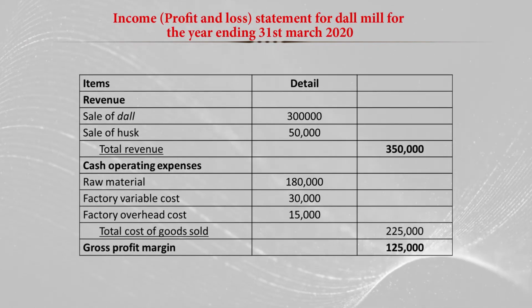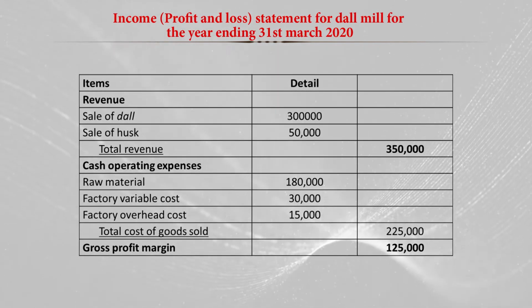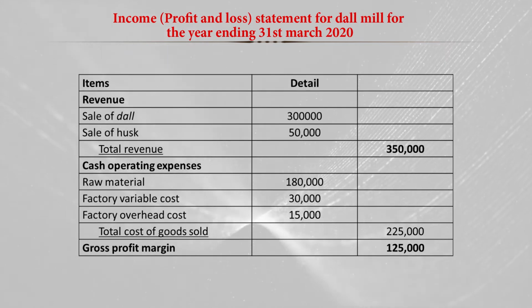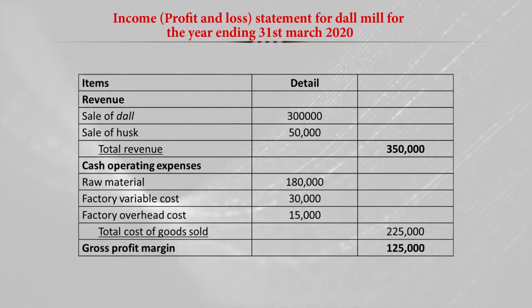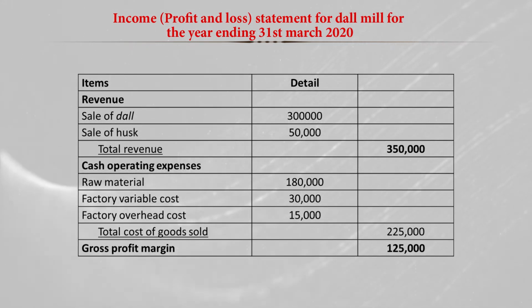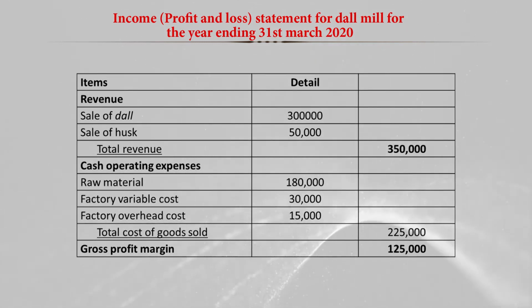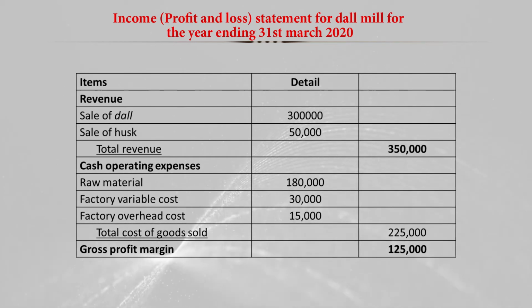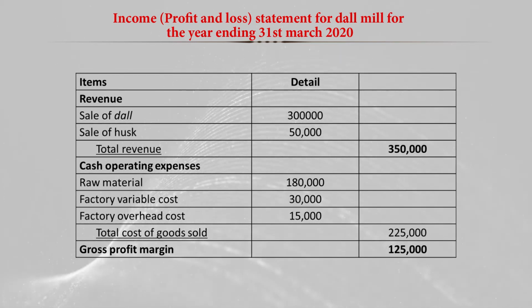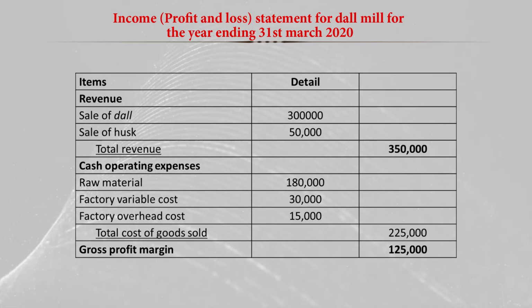And here we have an example: we have prepared a hypothetical income statement, the profit and loss statement, for a dal mill, that is basically an agro processing unit, for the year ending on 31st March 2020.